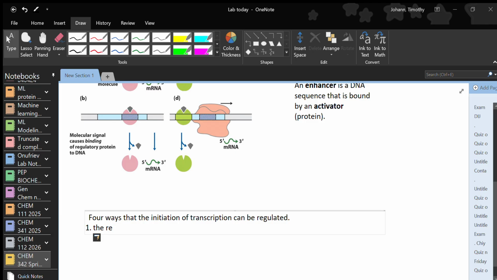So 4 ways. The operator is bound by a repressor that blocks RNA polymerase from binding.